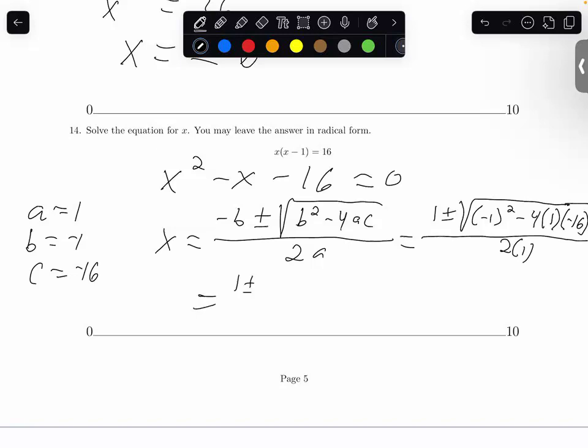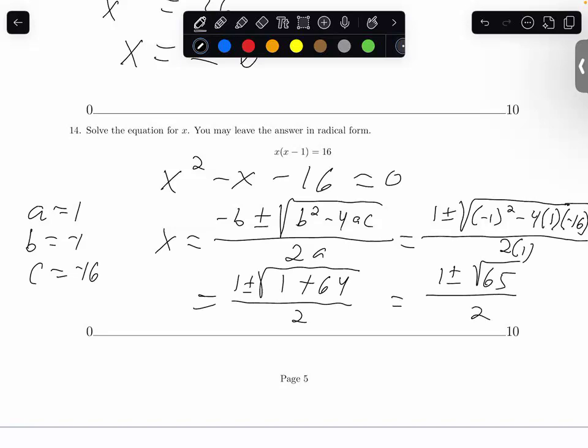So 1 plus or minus the square root of 1 plus 64 divided by 2. So 1 plus or minus the square root of 65 divided by 2.